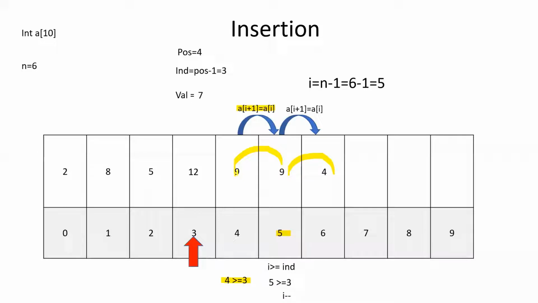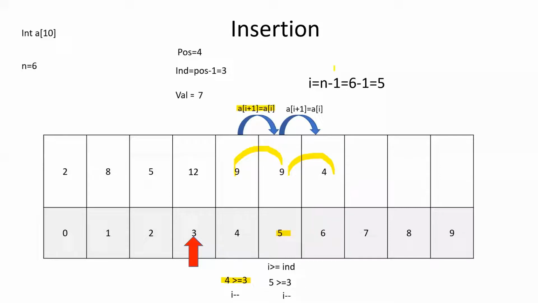Got it? Now what is the next step? Again, we will decrement the value of I. So tell me, Mehboob, what is the new value of I? I is equal to I minus 1, which is 3. And what is the condition we have to check in the while?